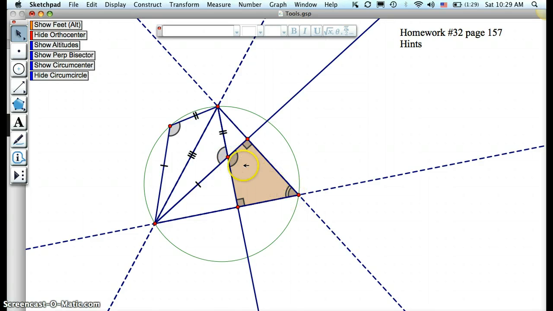Whatever you can say about the sum of these two, you can make the same claim about the sum of this angle and this angle, or possibly more importantly, this angle and this angle. So if you can make a claim about the sum of this angle and this angle, you should be able to make some claim about this quadrilateral, which should help you make a claim about this point here.